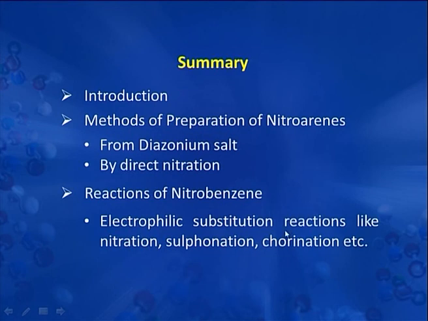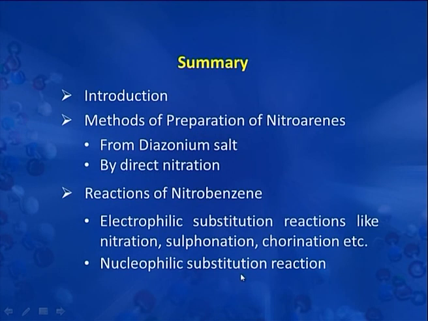Under this category, we have discussed electrophilic substitution reactions in detail. We have discussed nitration, sulphonation, chlorination, and we have also discussed acylation reaction under extraordinary conditions. We have also discussed that nitrobenzene does not undergo Friedel Craft alkylation, but serves as a solvent for this reaction.